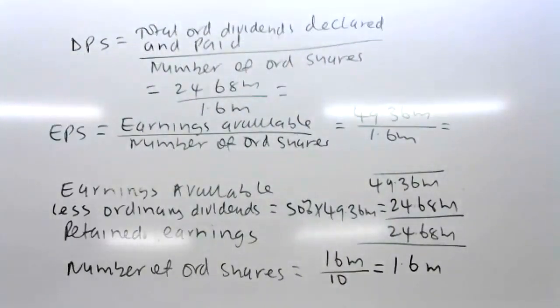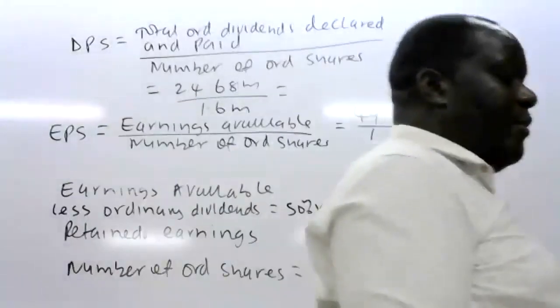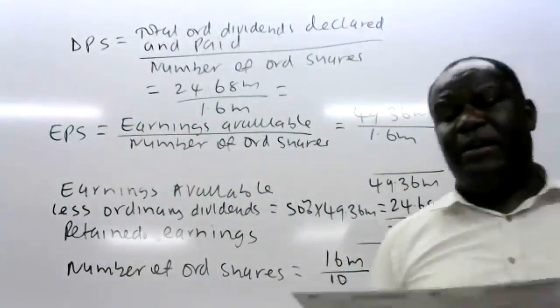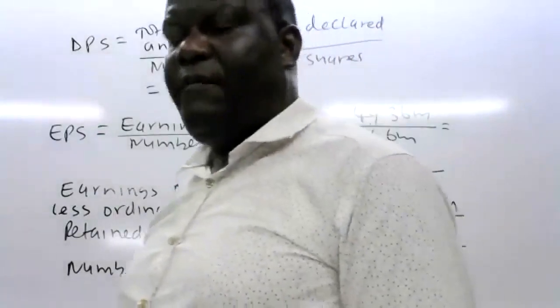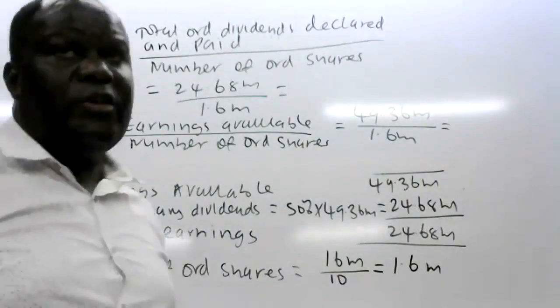So dividend cover will be equal to the earnings available to the ordinary shareholders divided by the total ordinary dividends declared and paid. Or dividend cover will be the same as earning per share divided by the dividend per share.